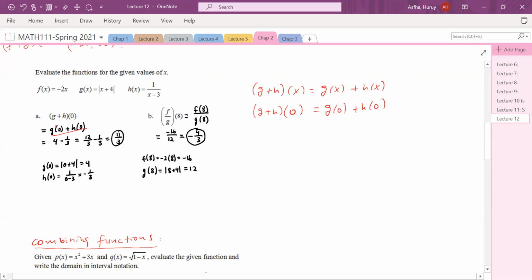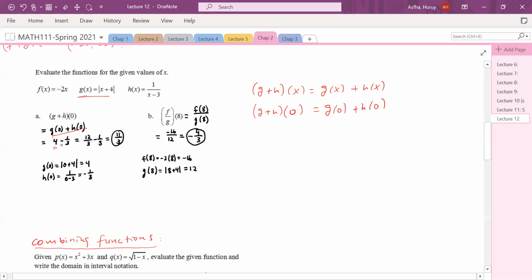Now for g of x, evaluate this function at x equals 0. Replace every x by 0. So we have 0 plus 4 in absolute value, which is 4. This is from g of 0, and from h of 0, if we replace this x by 0, we have 1 over -3, which means -1 over 3.